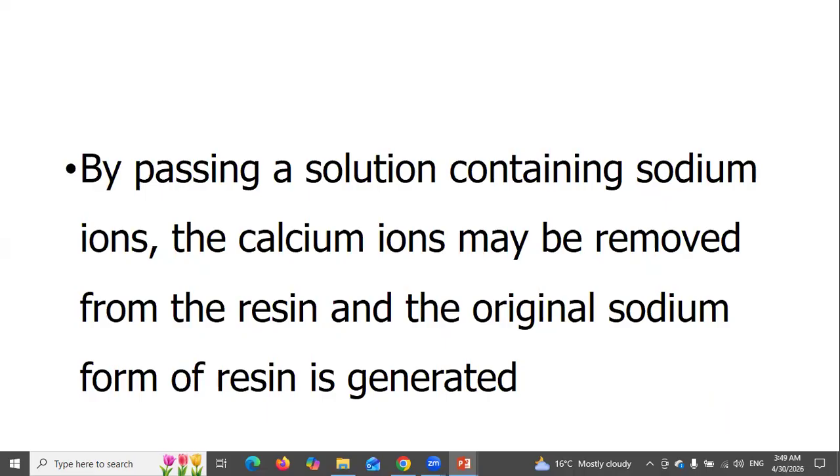By passing a solution containing sodium ions, the calcium ions may be removed from the resin and the original sodium form of resin is generated.